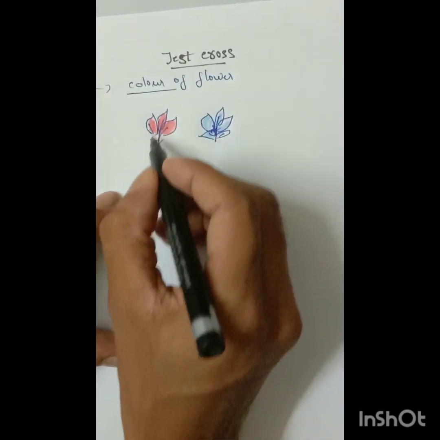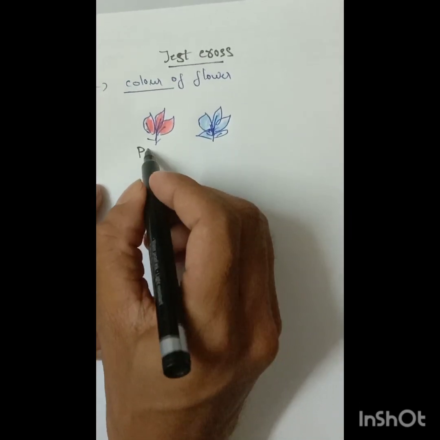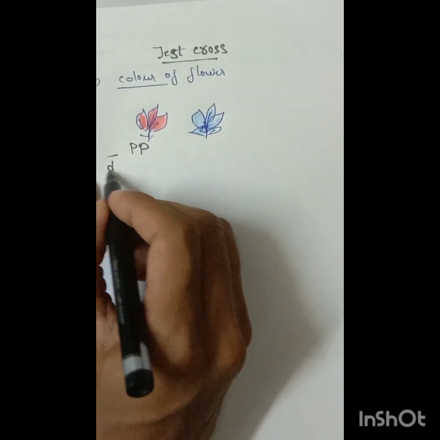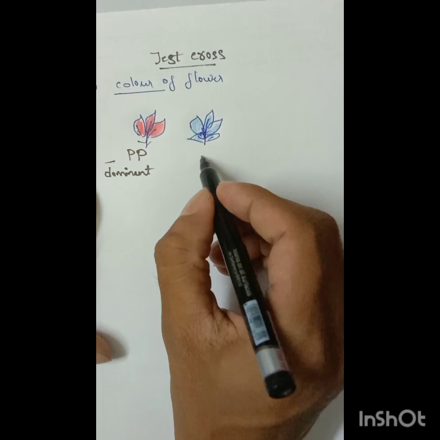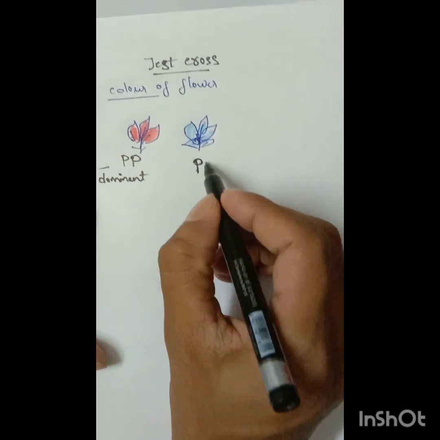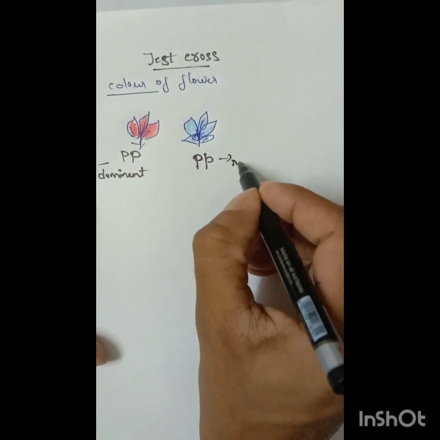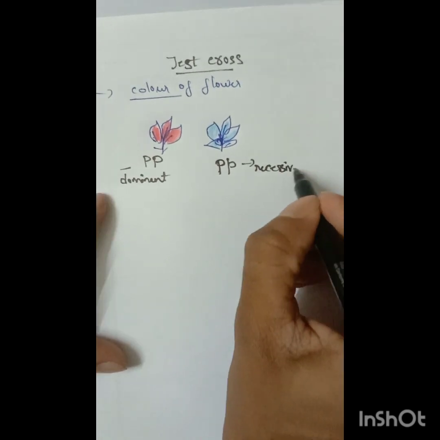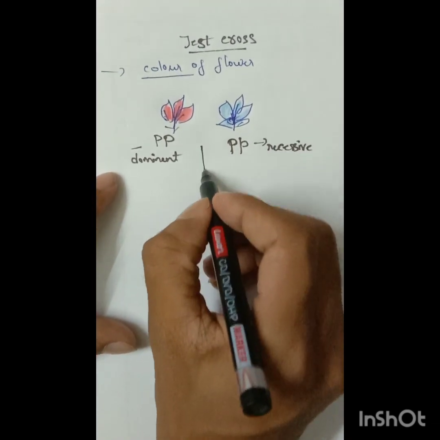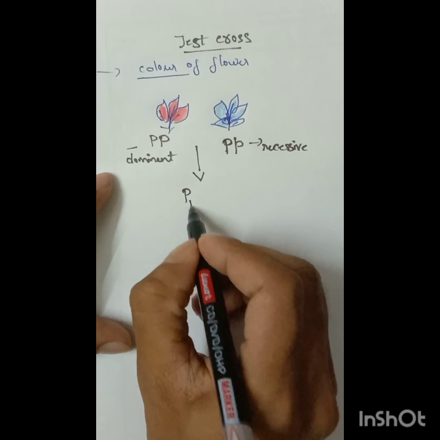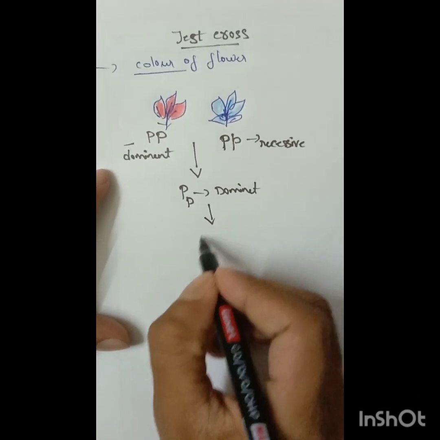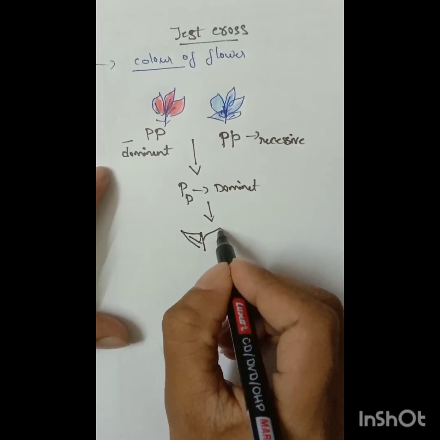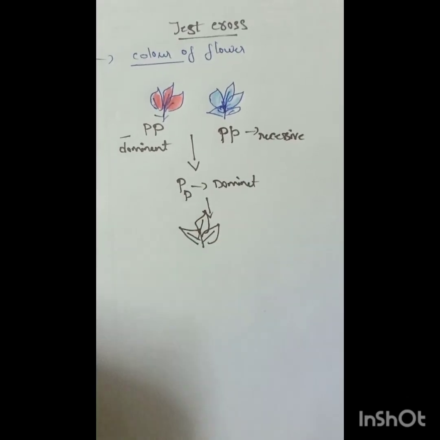Here, for the red color, both alleles are capital P and capital P. It is dominant. Whereas in blue flower, small p and small p, it is recessive. When we cross these two, we will get capital P and small p. It is also dominant, a plant with red color flowers.